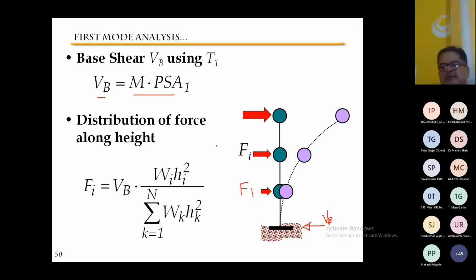This is F1, this is F2, this is F3, right? So we are simply distributing this force. So Q_i = V_B × W_i h_i² / Σ W_k h_k². That will give you the forces at the story level, right? So, distribution of the forces along the height.